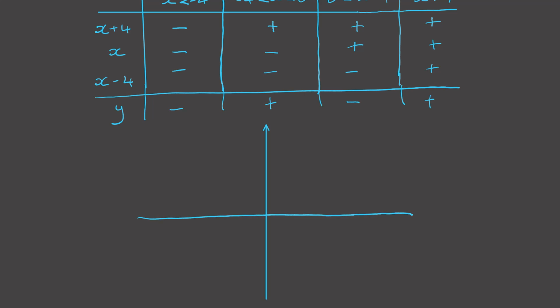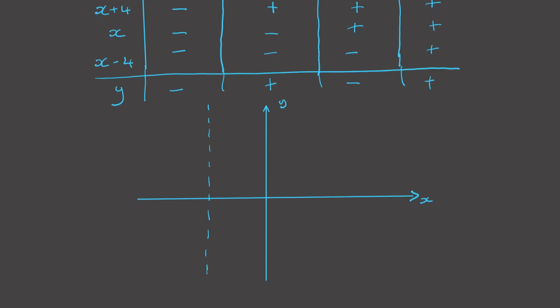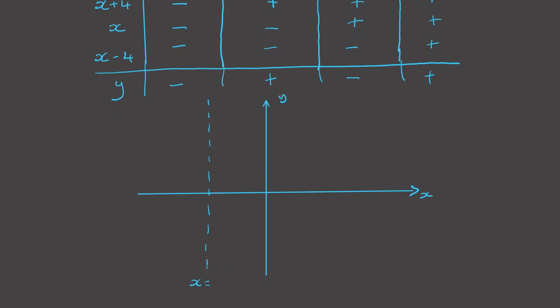So we've got our asymptotes, which are at negative 4 and 4.